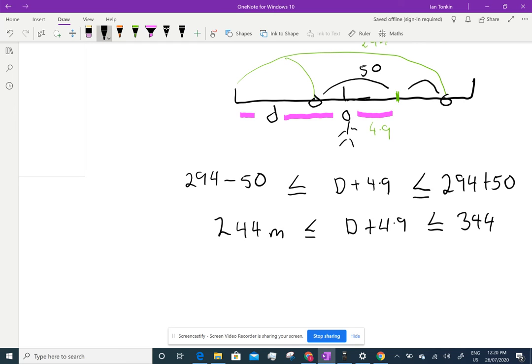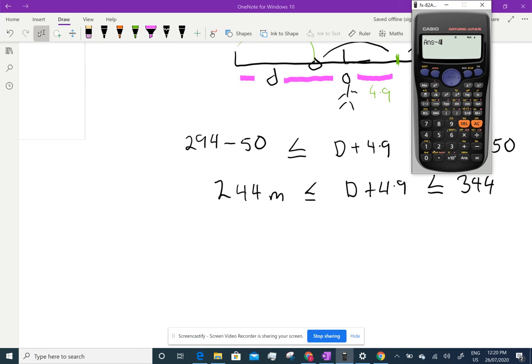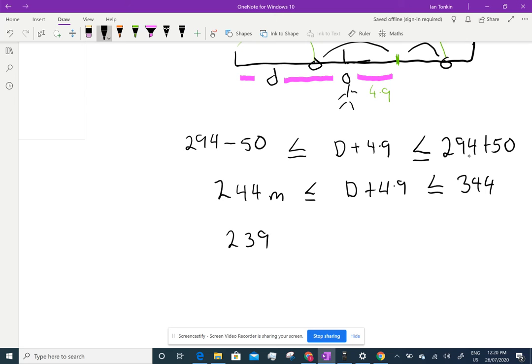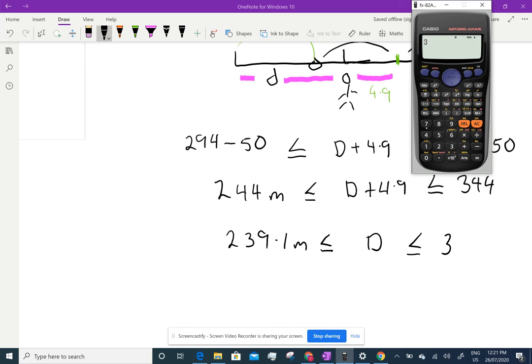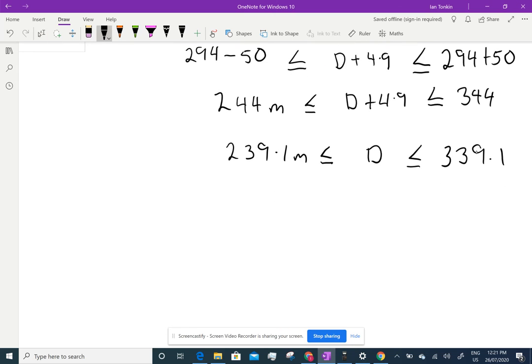I know I could have done that in my head, but I want to make sure I'm right. Now, I'm subtracting 4.9 from both sides. Minus 4.9, 239.1. And d will be 344 minus 4.9, 339.1.